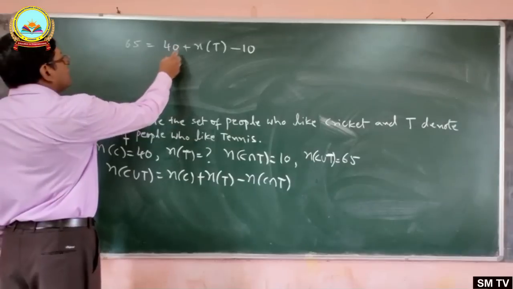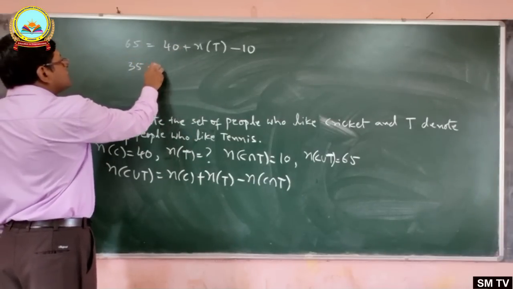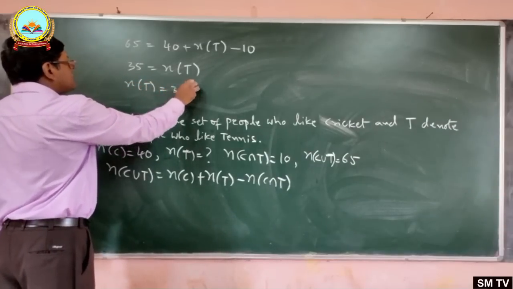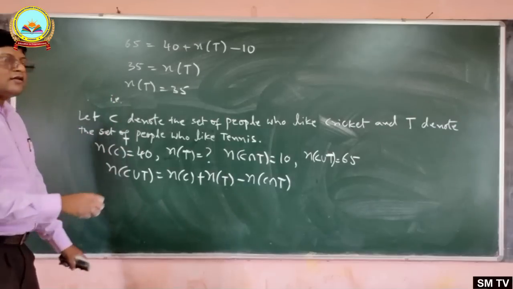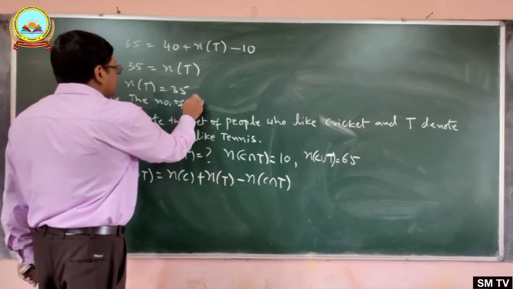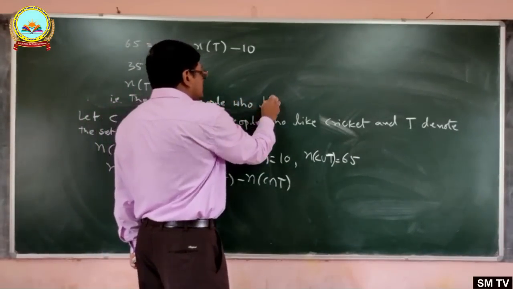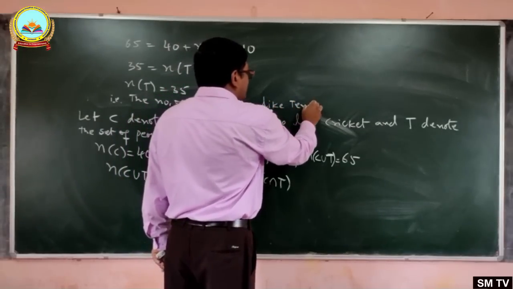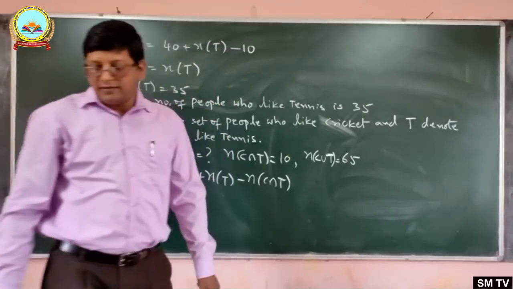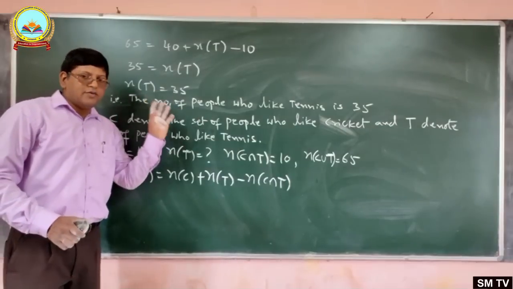So shift this to the left side. So we get 35 is N of T. N of T is equal to 35. That means the number of people who like tennis is 35. We have answered the second question.